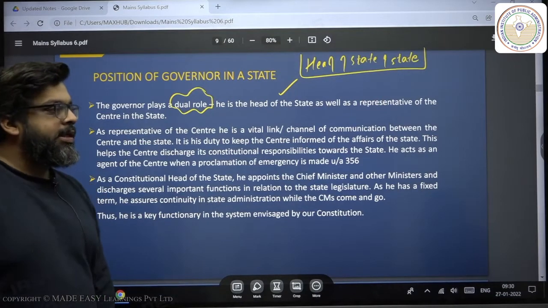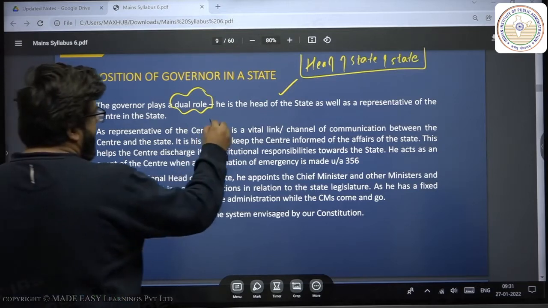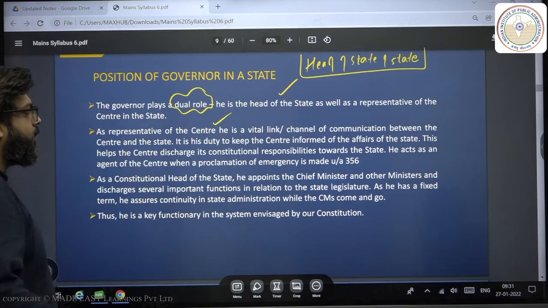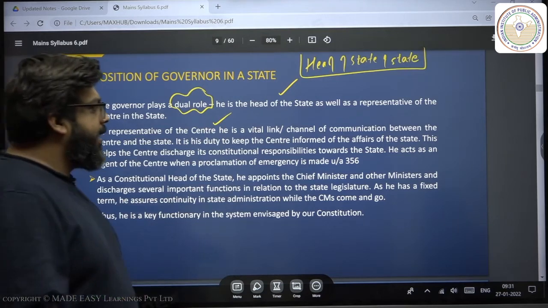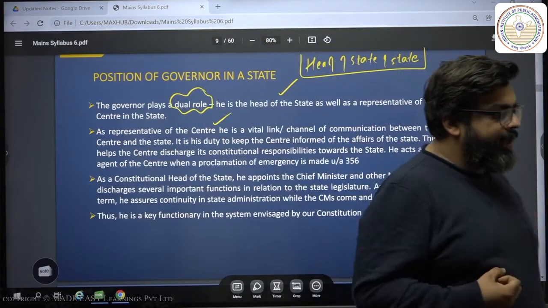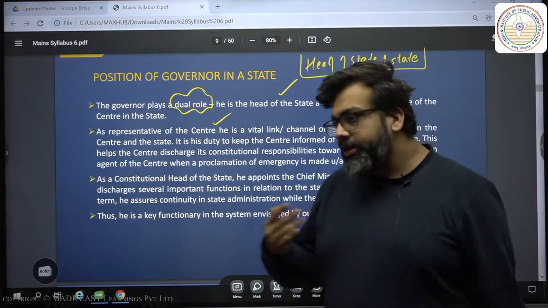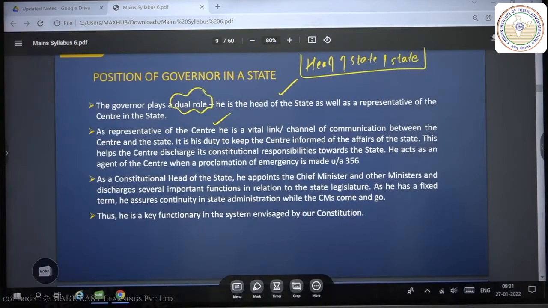And second, of course, you are at the end of the day sent by the center. Now, as a representative of the center, what is it that you're supposed to do? As I was telling you, you're a very important link of communication, of the transmission of ideas and aspirations that the center has for the states and the states have for the center.